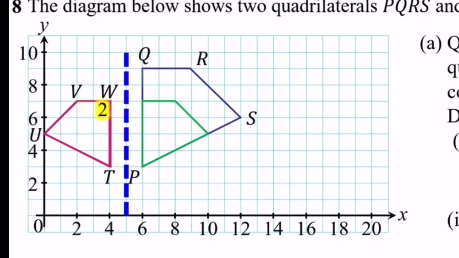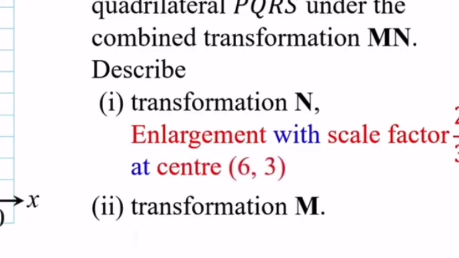So the object is PQRS, so we will actually do enlargement. So the blue one will become the green one. So actually that is enlargement with a scale factor which is less than 1, because the image will be reduced.